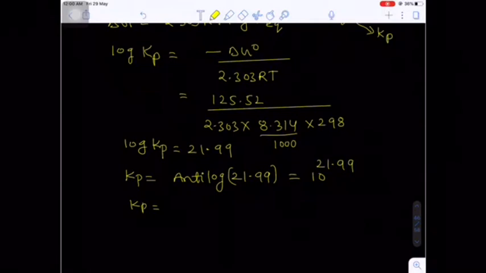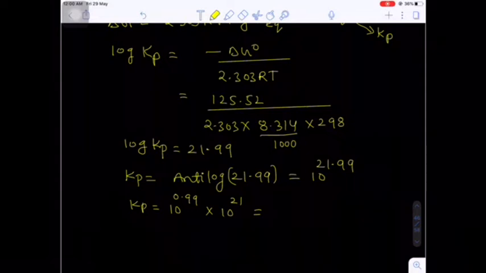This Kp value I am writing as 10 raised to 0.99 into 10 raised to 21. If the bases are equal, powers must be added.